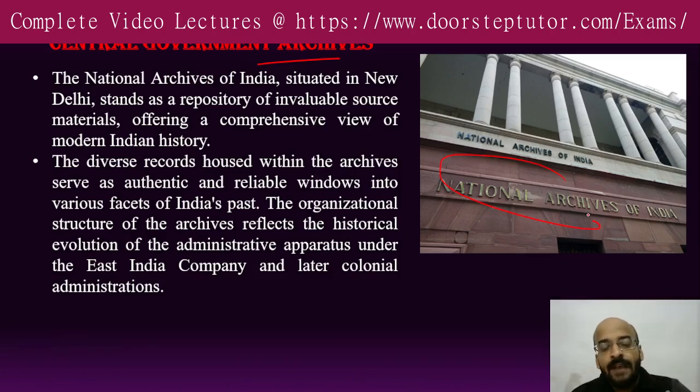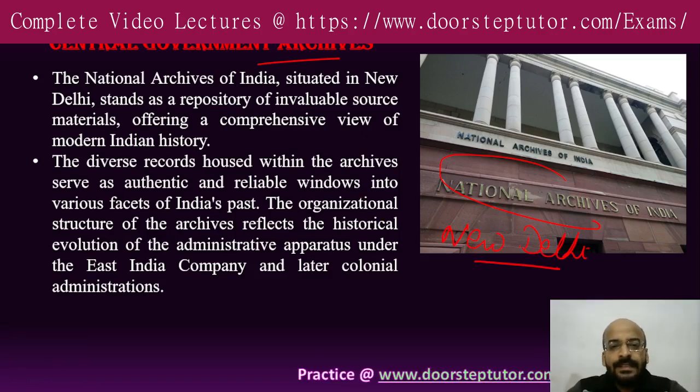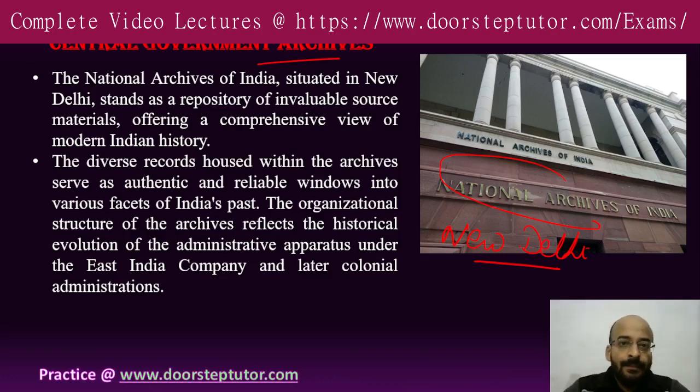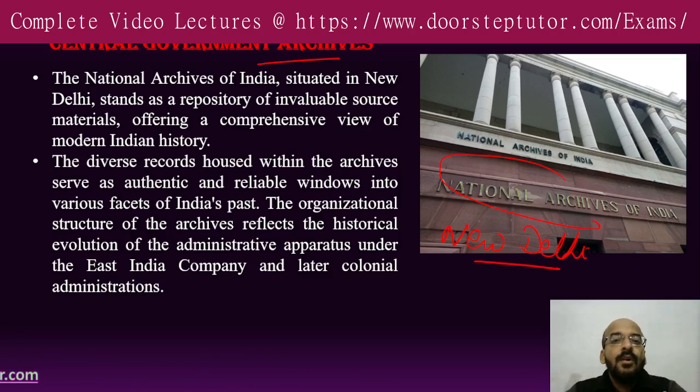Now, first of all, the central government archive is present as the National Archives of India in New Delhi, right? So if you want to visit the National Archives of India, you have to visit New Delhi. This New Delhi office gives a very comprehensive view. It's a very large library which has a large number of documents about various topics and details, right?